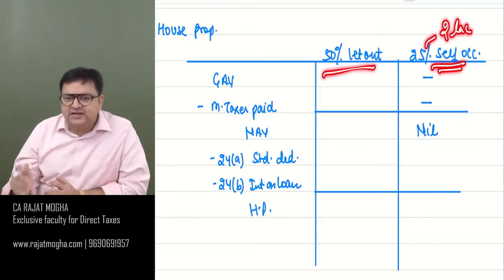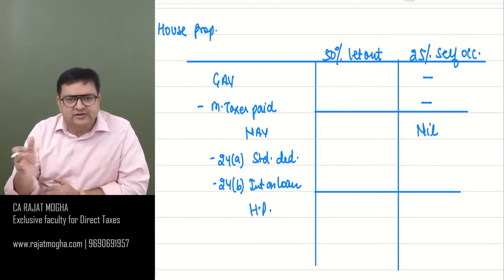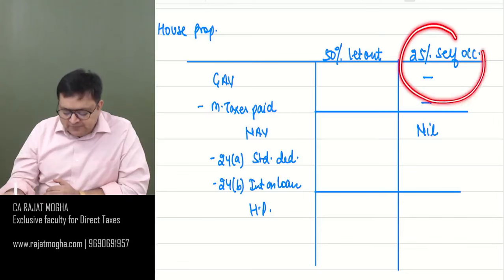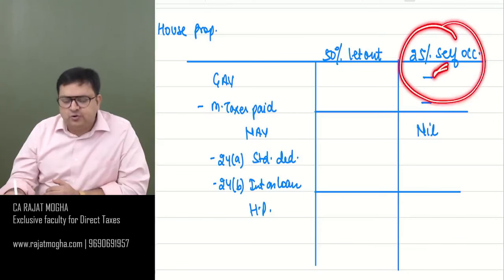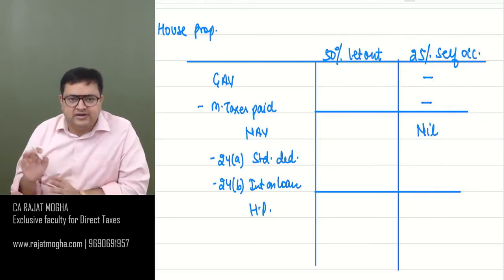For let out property, there is no limit for interest under both the regimes. Under optional regime, it is 2 lakh maximum only for purchase and construction. For other things, repairs, renovation, 30,000 is the limit. Under default, you don't get anything.